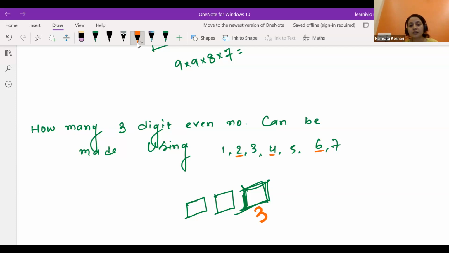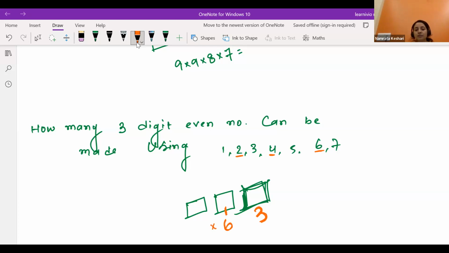Yes, ma'am. Okay. So at first we are thinking that at the ones place only three possibilities. Maybe from this 3, any one we have filled. Then here we are having a total of 7. From 7, 1 we have used, so 6 will be there.